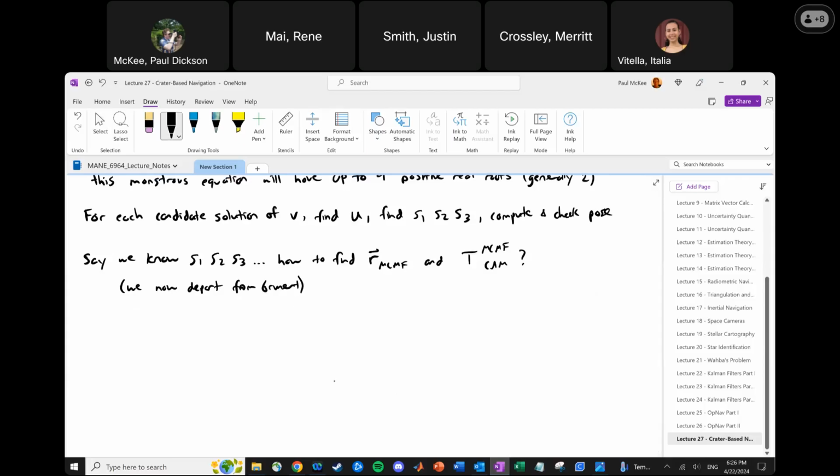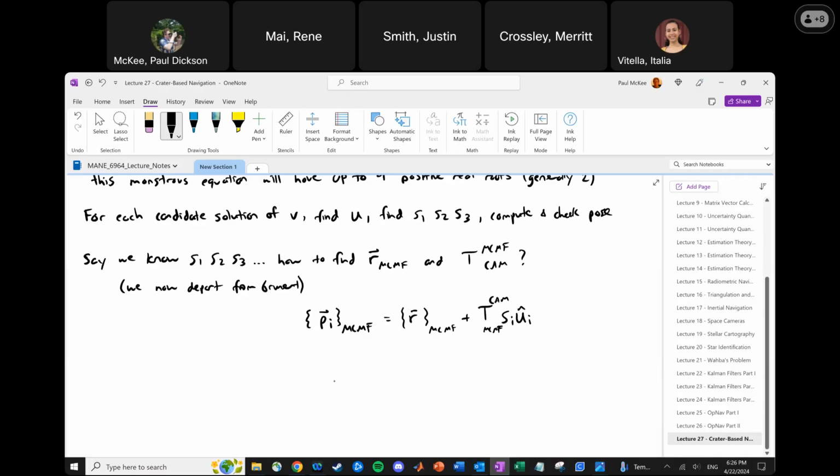The point I expressed in the MCMF frame. So this is the ith point, the ith crater, is the position of the spacecraft, also in the moon-centered, moon-fixed frame, plus the vector from the spacecraft to the crater point, scaled by the distance s, and taken from the camera frame and put into the MCMF frame.